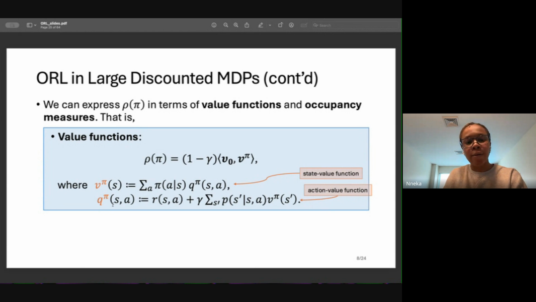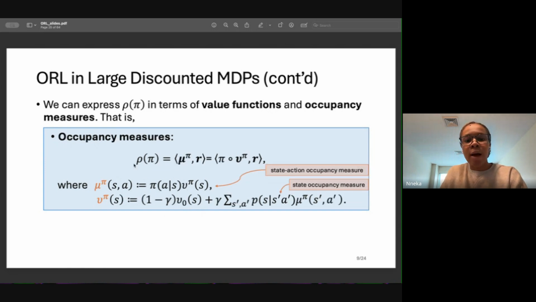And q pi of s, a is just the immediate reward plus the normalized expected discounted sum of rewards for following policy pi in the environment.